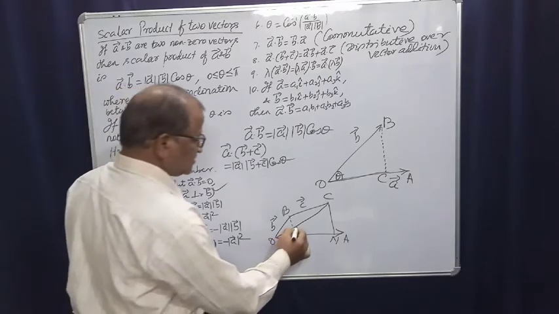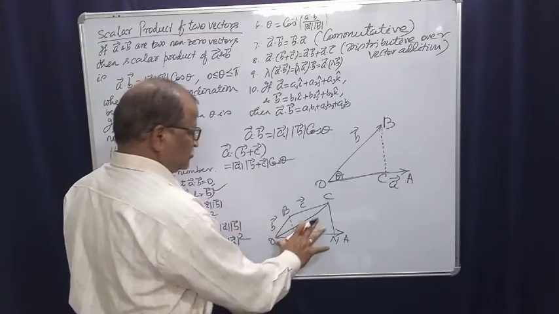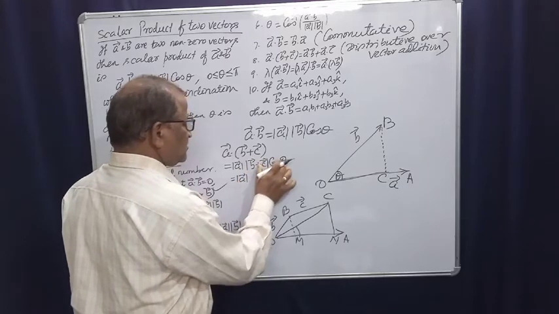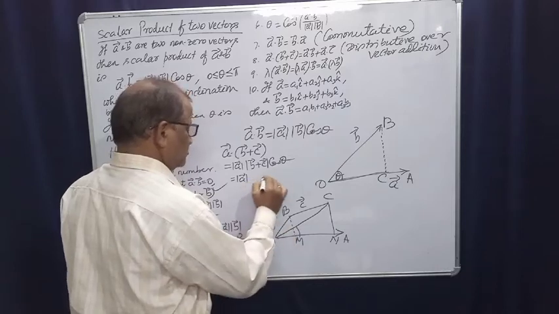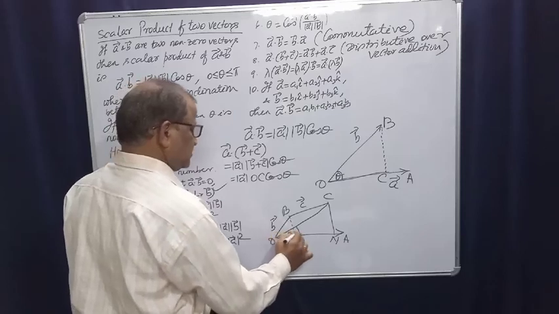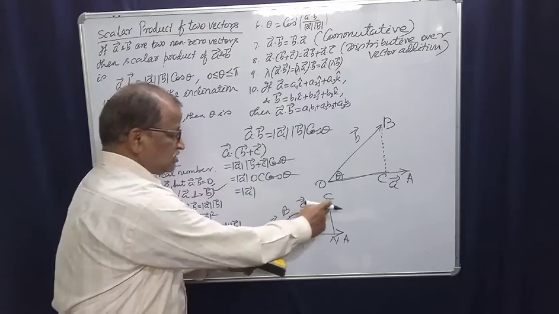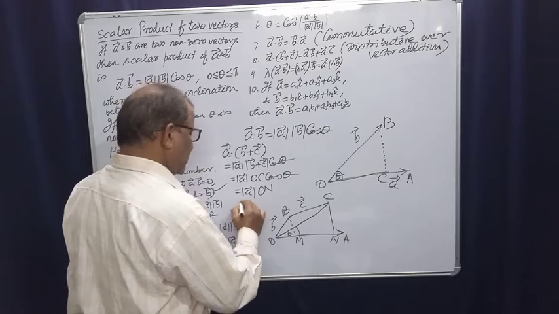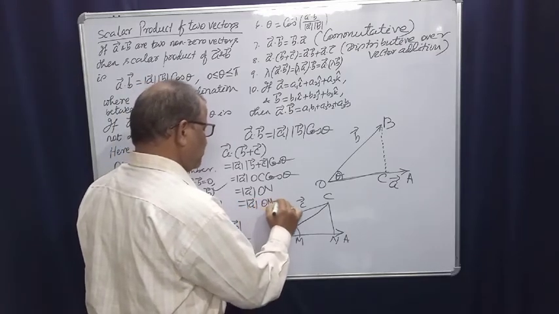B plus C cos theta means it is ON. This will be magnitude of A into ON. We can write it like this. Magnitude of A into ON means it is OM plus MN.